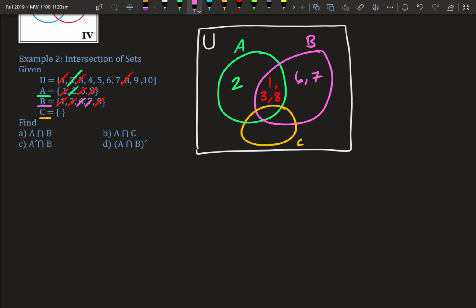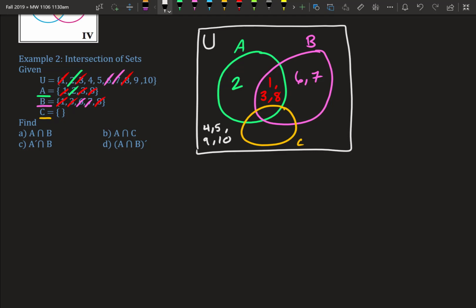And since we used 6 and 7, let's take it out of the universal set. Everything that we did not use that has not been crossed out of view goes inside the box. So we have 4, 5, 9, 10.